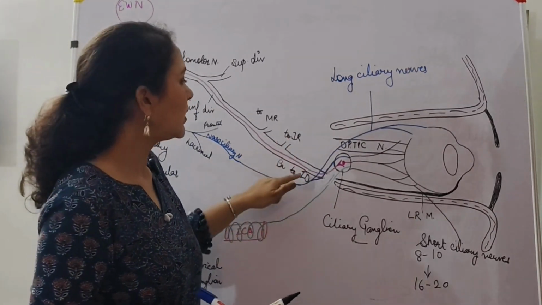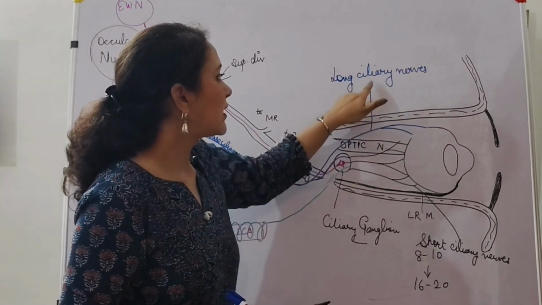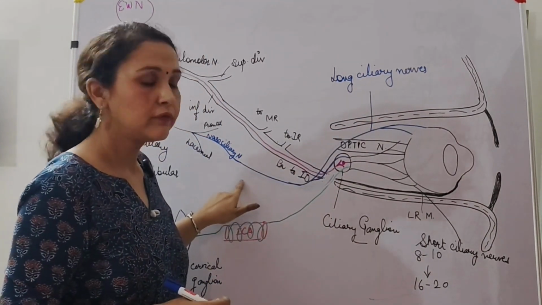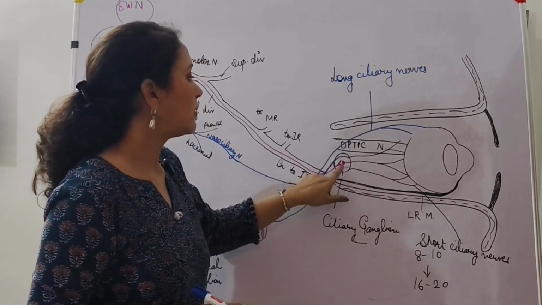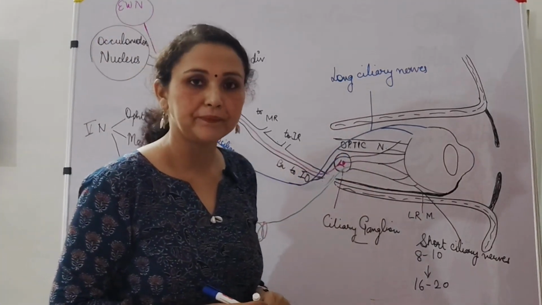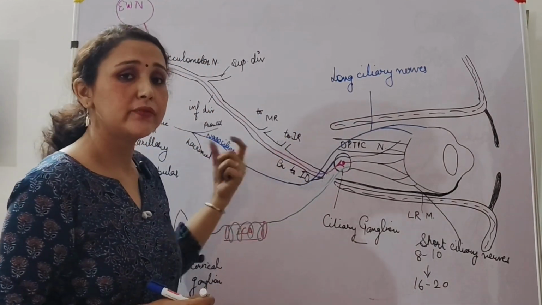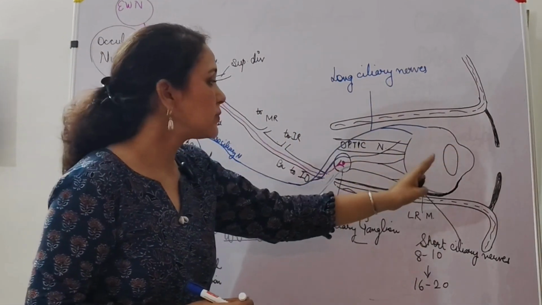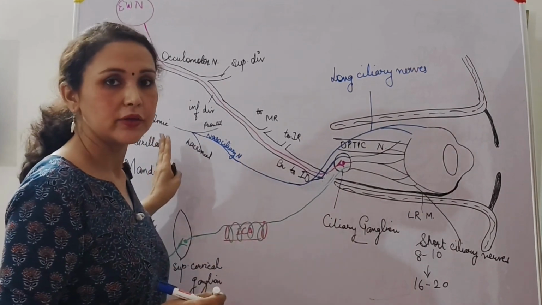And another important thing is, the long ciliary nerves are the branches of the nasociliary nerve, whereas the short ciliary nerves are the branches of the ciliary ganglion. So how do we trace the sensations? Sensations will be traced in the reverse direction.